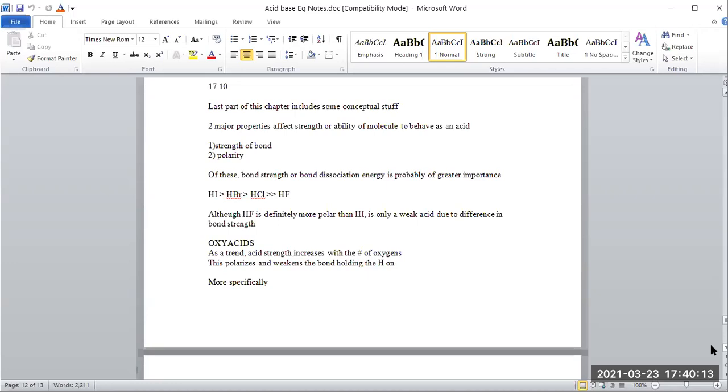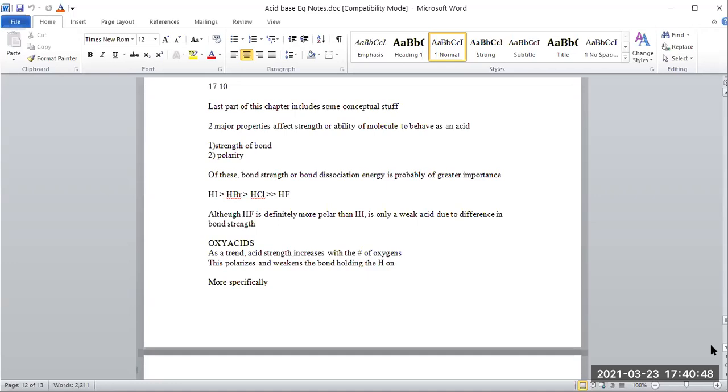That one actually is going to give you a relatively strong acid because there's a big polarity difference in terms of I versus H. Well, then going down the values, but up the table, we have HBr as the next one up the column. So hydrogen is going to hang a little tighter to bromine than it does to iodine.